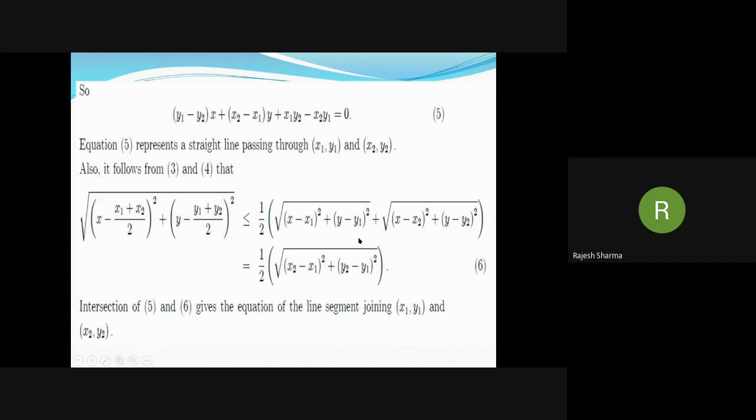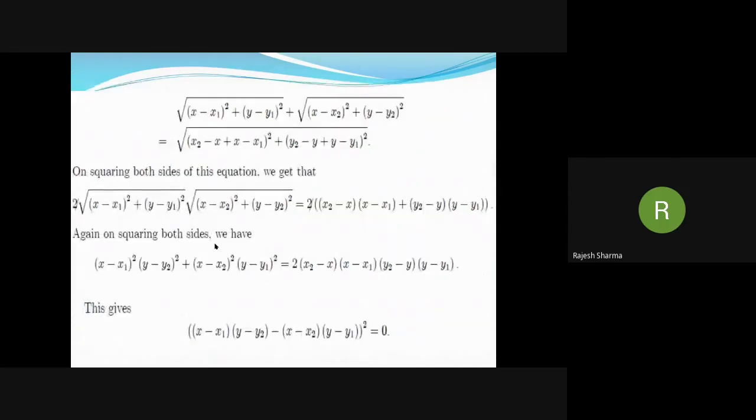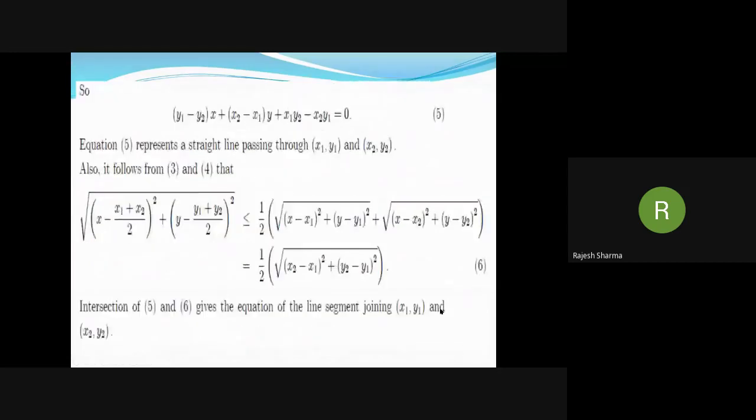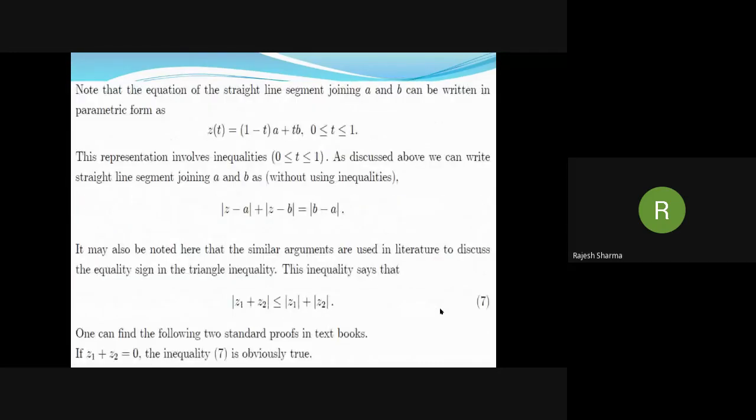So x and y lie on this straight line and also inside the disk. This means the given last equation is the equation of the straight line segment passing through (x1, y1) and (x2, y2).